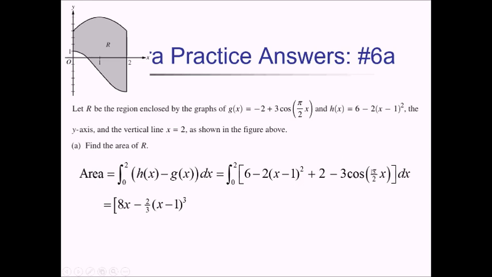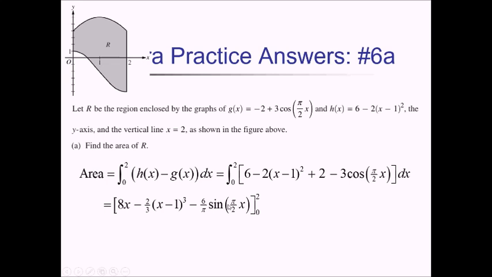Now we also have this cosine function to deal with. So this would normally be negative 3 sine of pi over 2 x, but we have to divide by that inner derivative of pi over 2, which means we're really multiplying by 2 over pi. So this would be out in front 6 over pi sine of pi over 2 x, and that would all be negative.